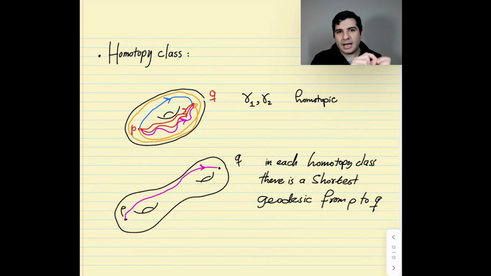In that homotopy class, there is a shortest geodesic. Let's say this is the shortest one. If I go from the other side of my manifold, let's denote that with this blue one, there is a shortest geodesic in that homotopy class too.